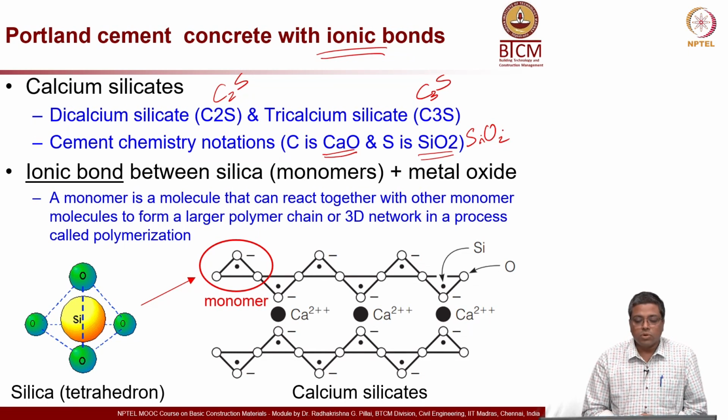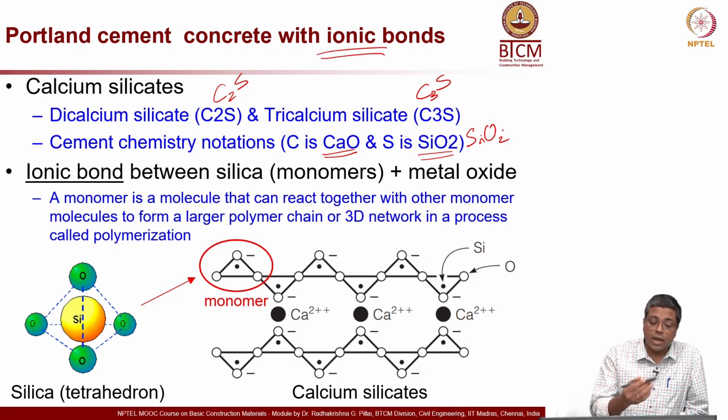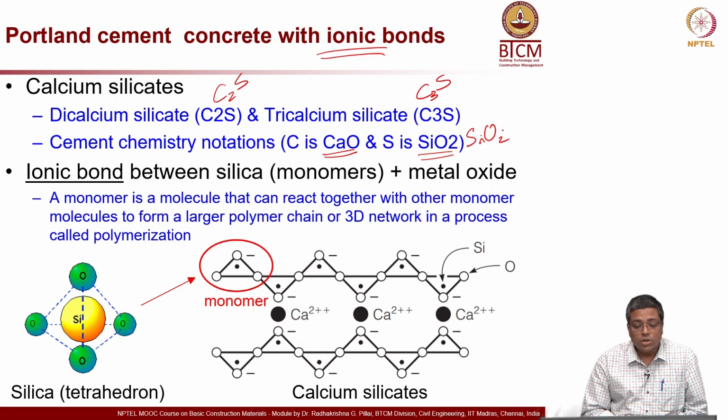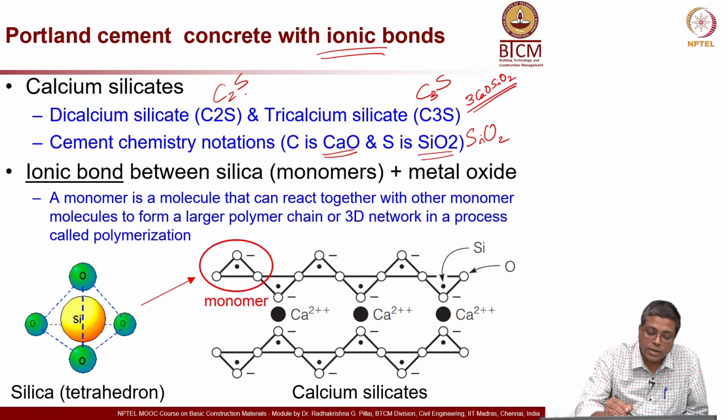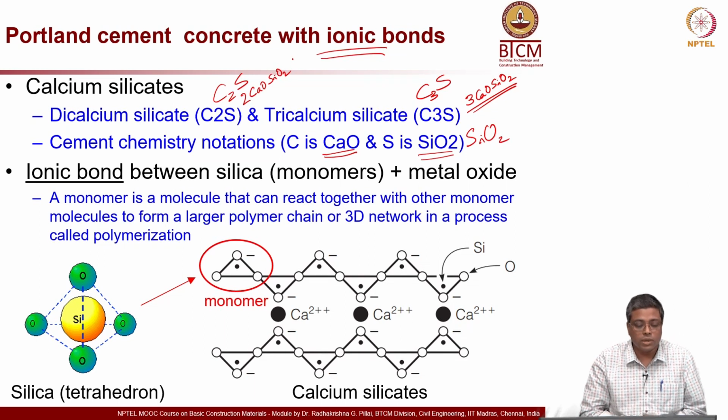So, you have C and S. Now, dicalcium silicate means 2CaO·SiO2, tricalcium silicate means 3CaO·SiO2. You will learn more of this in the later sections.